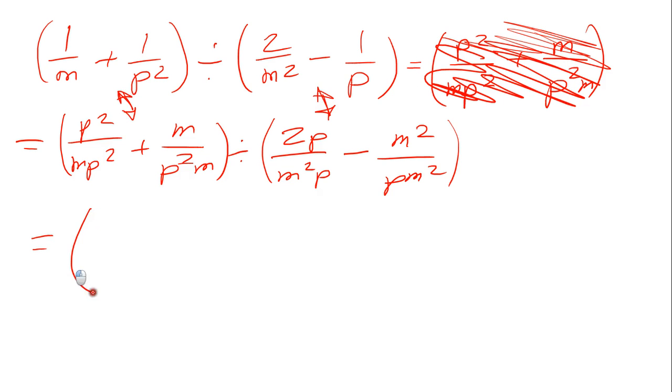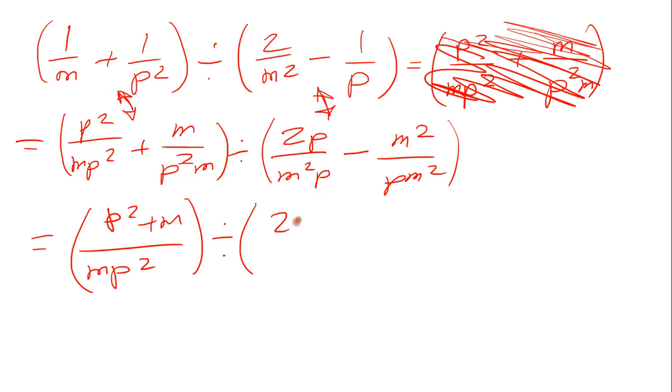So writing them as a single fraction, I have p squared plus m over m p squared divided by 2p minus m squared over m squared p.